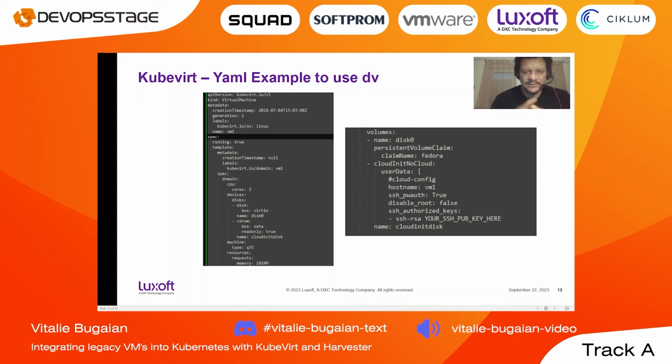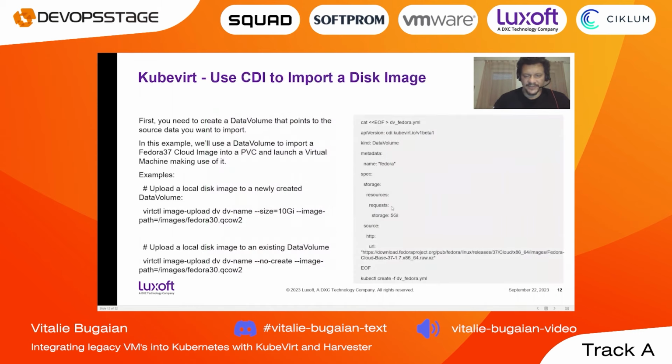So here we have a YAML spec for the full VM. What is important here is the volume name disk and the persistent volume claim, which is Fedora, and that Fedora volume claim we just created here.